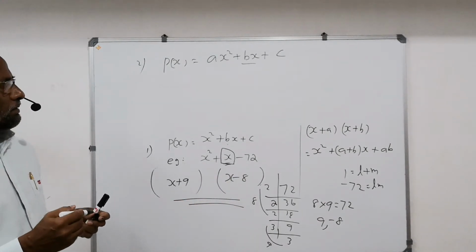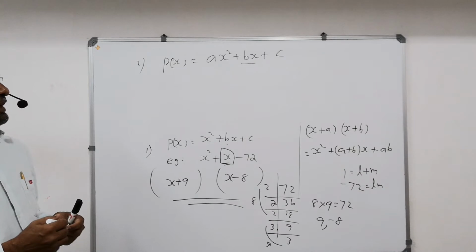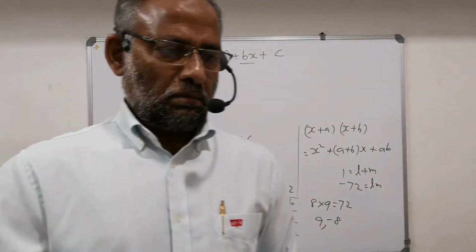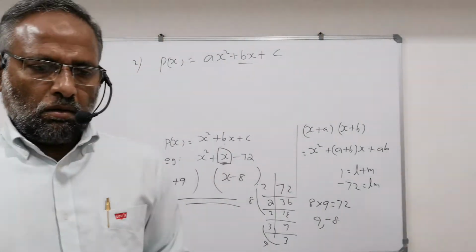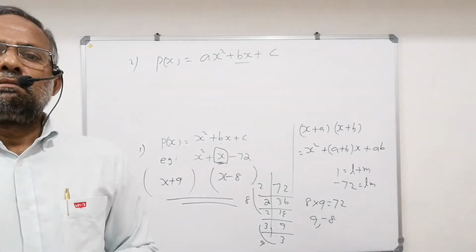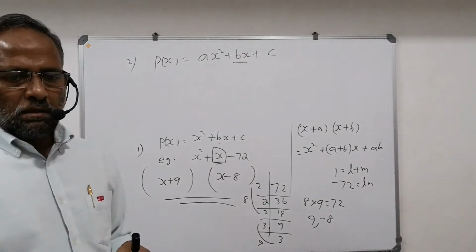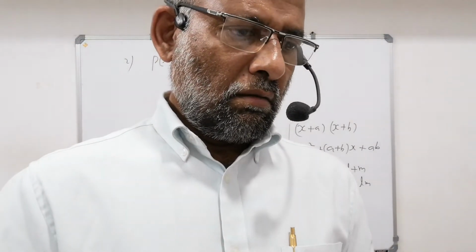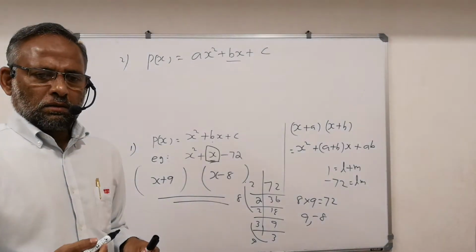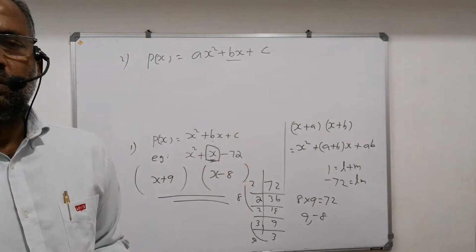Anyway, now listen to what I am doing. Through an example, we can do a simple example. Suppose 4x square minus 3x minus 1. Okay, so how can we do this one?